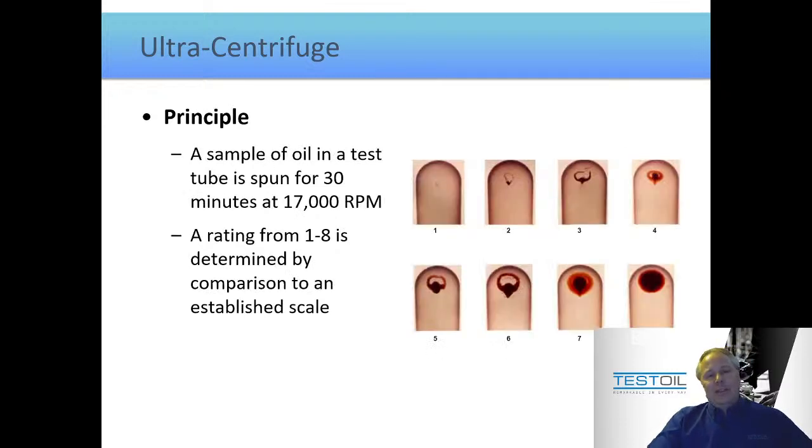The method that they use, though, is to simply take your oil, put it in a centrifuge tube, spin it at a ridiculously high speed for half an hour, and when the test is done, you invert the test tube and compare it to this scale that you see here on screen. Basically, if it matches the top row, it's okay. If it matches the bottom row, it's not okay.